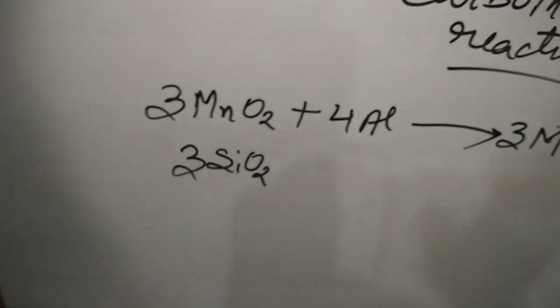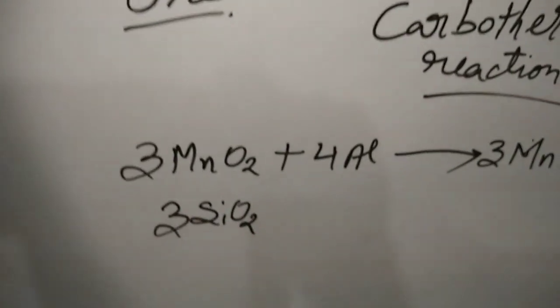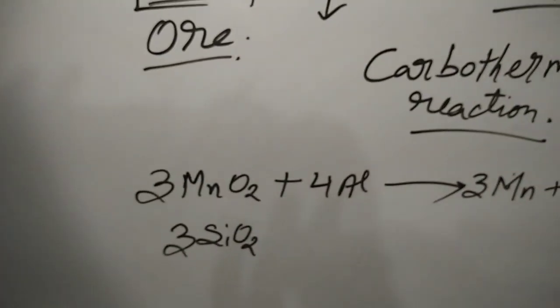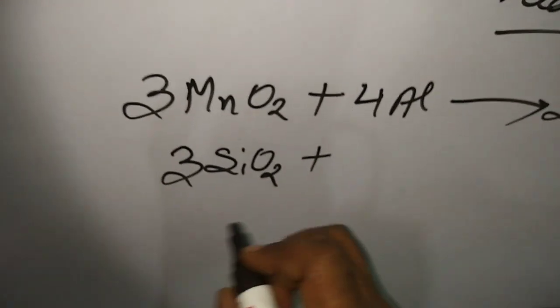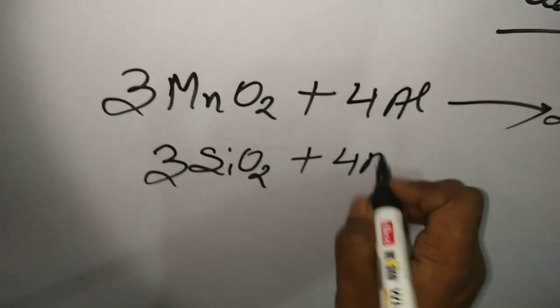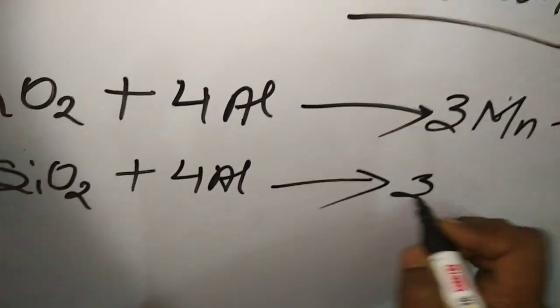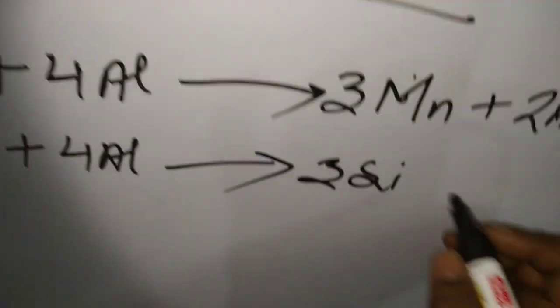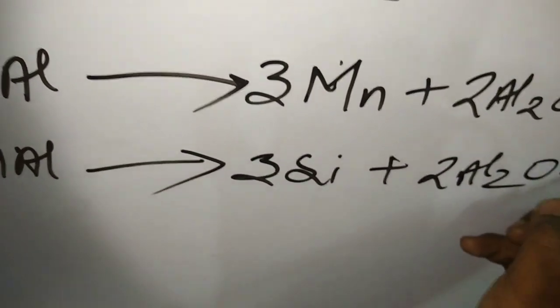In metal extraction we mainly use metal oxides because it's easy to extract the pure form of metals. Okay students, see, when silicon oxide reacts with aluminium, it forms the pure form of silicon and Al2O3. Okay students, understand?